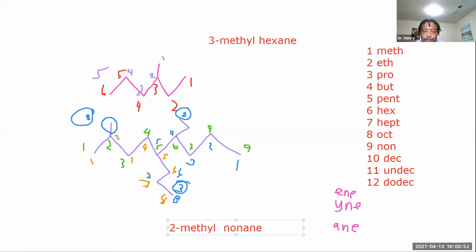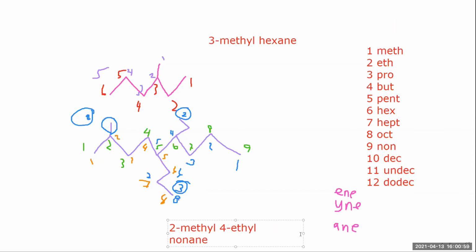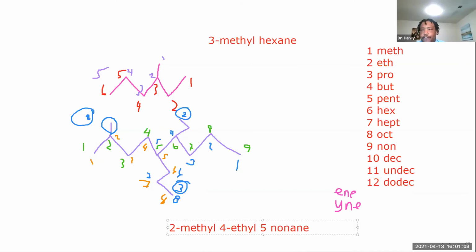Would it be 4? That's right, 4-ethyl. And then 5-propyl. Wouldn't it be 5-ethyl because it's at 5? Nope. That's 1, 2, 3, 4, 5. This one is propyl. Oh, and then sorry, that would be 6-ethyl.